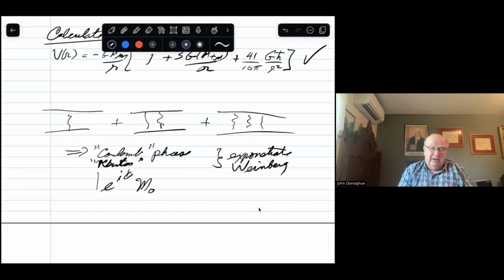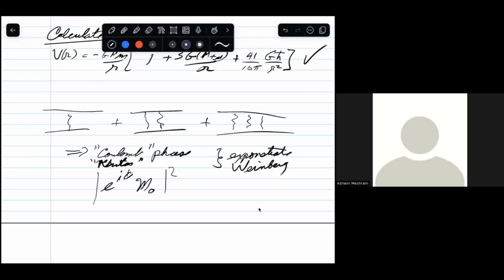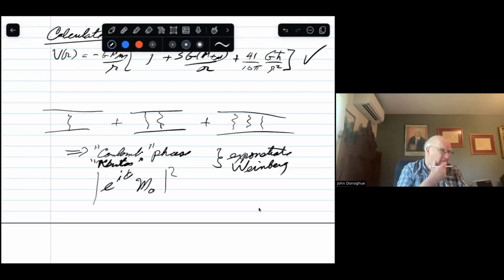And so when I square them, they drop out. There are residual infrared effects, but the imaginary parts to leading order drop out. All right, thanks. Got it. Okay. Thank you.